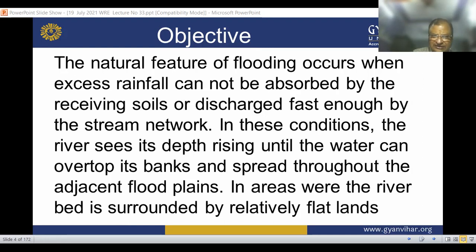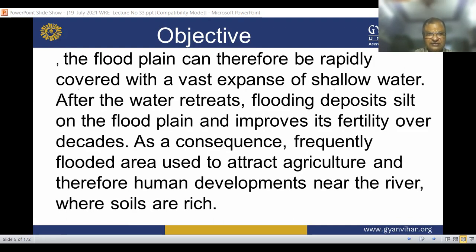Where the river is surrounded by relatively flat land, the floodplain can therefore be rapidly covered with a large extent of shallow water.